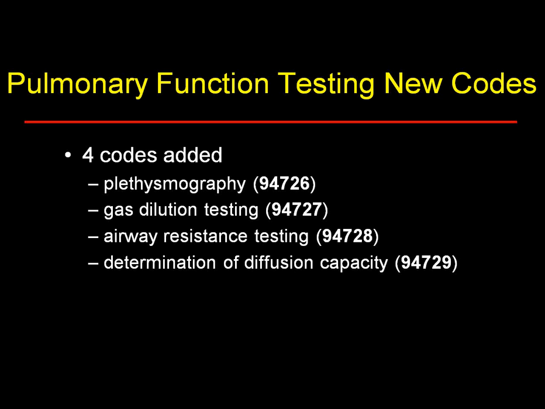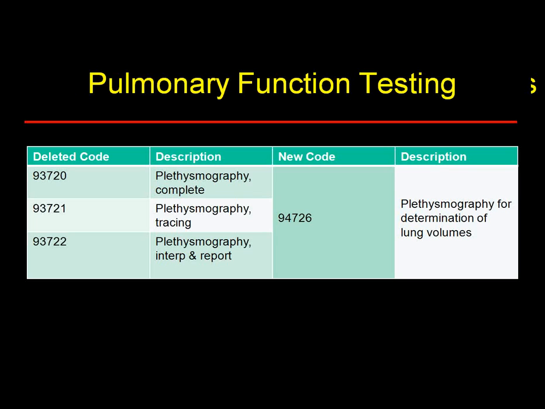Since one can obtain an airway resistance measurement by body plethysmography, but not any of the gas dilution methods, we needed to allow the opportunity for airway resistance by oscillometry. And then finally, we needed to have a single code reflecting performing diffusing capacity. Next slide.